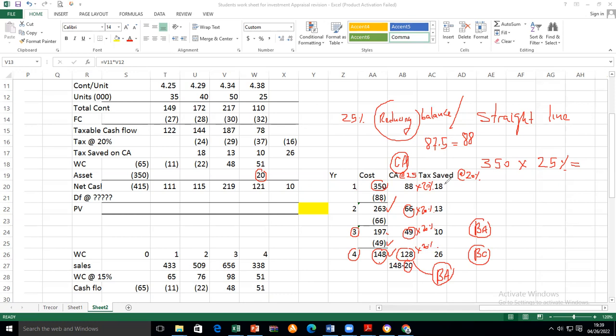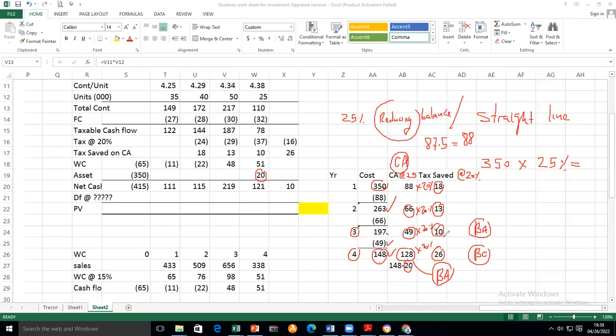And this is now what we call the tax that will have been saved. These are tax savings. That's the tax that we will be saving every year.